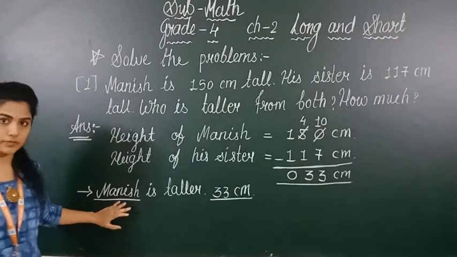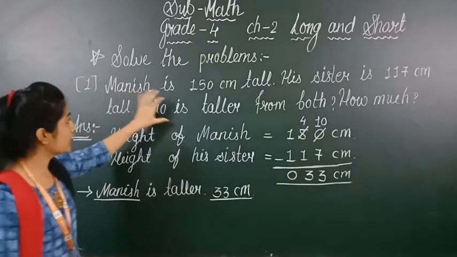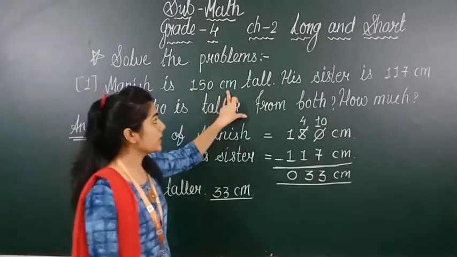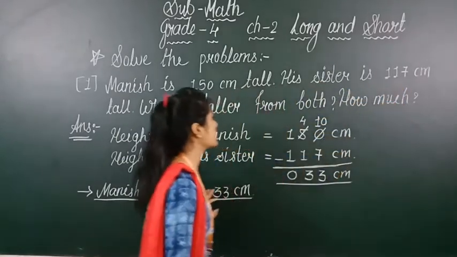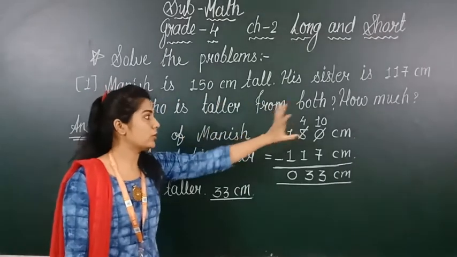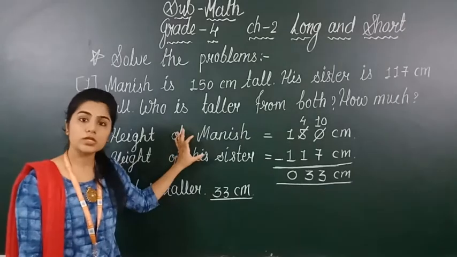Again I am explaining. First we are having information of height of Manish, which is 150 centimeter, and of his sister, which is 117 centimeter. And now we have to find who is taller from both and how much. So first we have to decide who is taller, right?